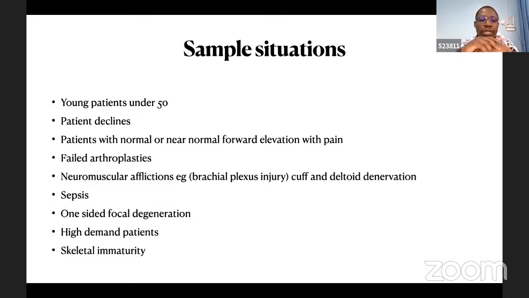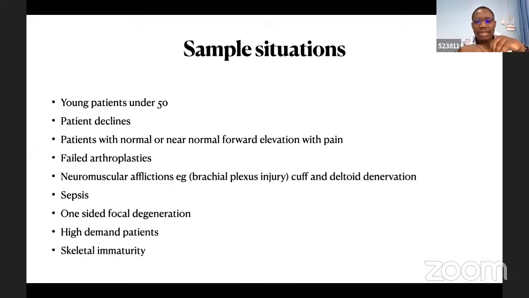If there is an ongoing infection, and if there is one-sided focal degeneration, say the humerus is good, the glenoid is bad, or the glenoid is good and the humerus is bad, in such situations, one might need other procedures that do not necessarily involve total shoulder joint replacement.